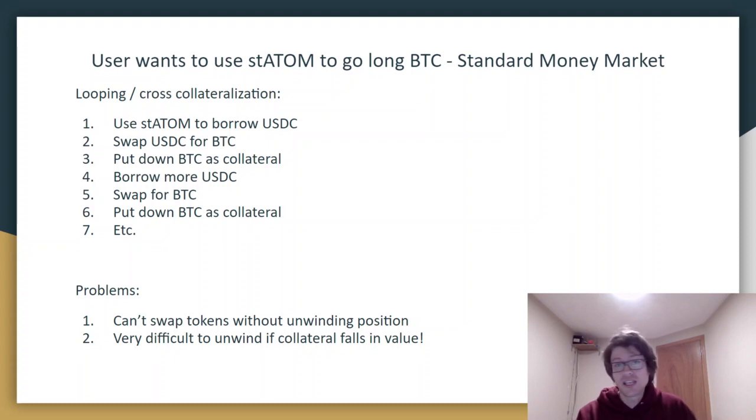And you can't swap your collateral. With a standard money market, if your collateral is one token, you can't just automatically swap it to another. You would have to unwind that entire position and then swap and then get back into it. It's just terrible. And also what can happen is if your collateral goes down in value, you can get stuck, can't you?